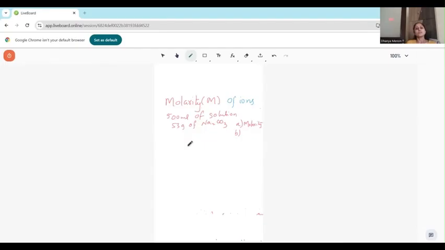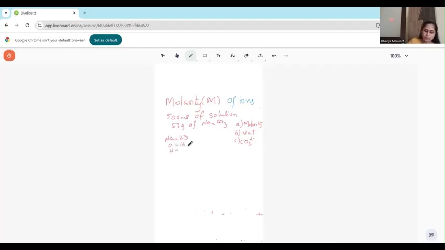Okay, so don't worry about the ions and all, because you will be learning how to dissociate, etc. So for now, just remember the steps. That's it. Now, over here, sodium is 23, oxygen is 16, I don't need hydrogen, right? Carbon is 12.